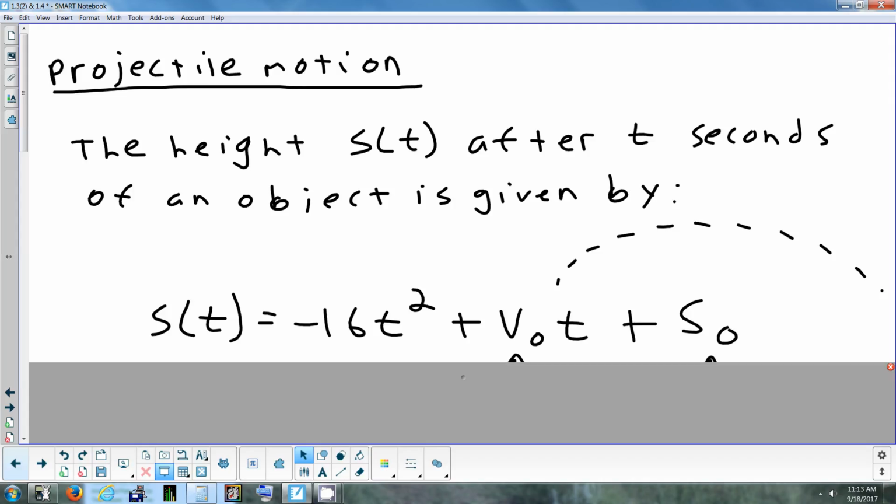This assumes the projectile travels in a parabola, and over short distances, like the length of a football field, it pretty much does. But if you're talking about launching something from here to Europe, it's definitely not a parabola because of the way gravity works. But this is just a simplified version.